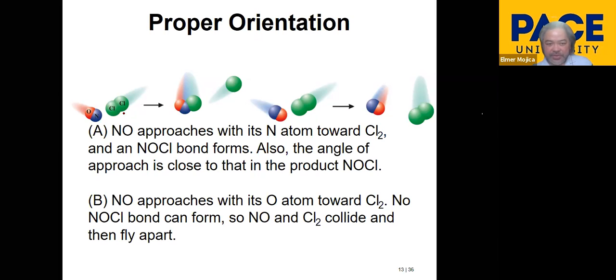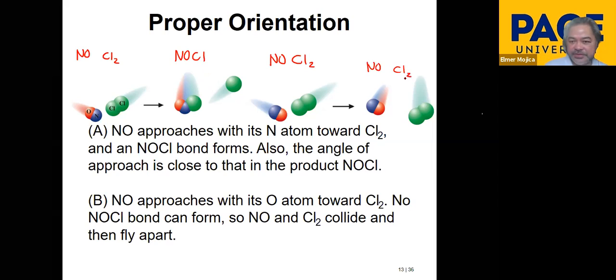So here, after collision, what will happen? You form NOCl. So you have NO reacting with Cl2, and at the end here, you form NOCl. Here, whatever you have, NO and Cl2 at the beginning, that's still the one that you have after the collision.